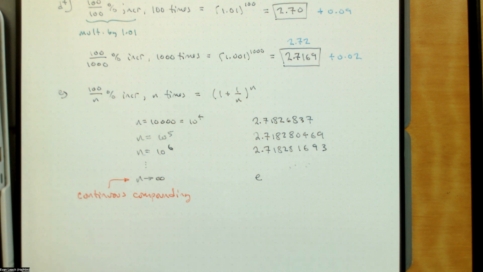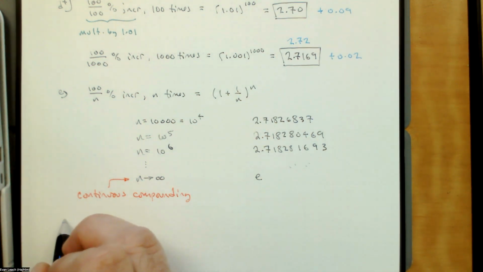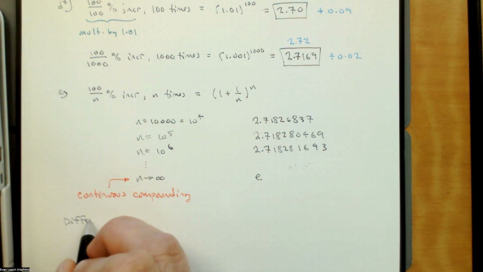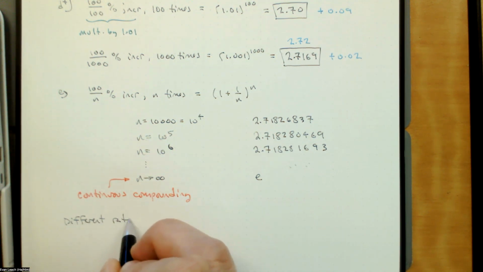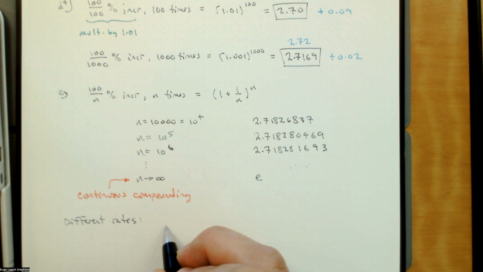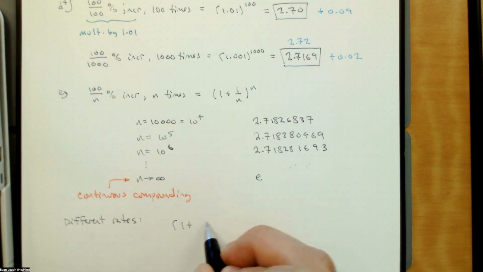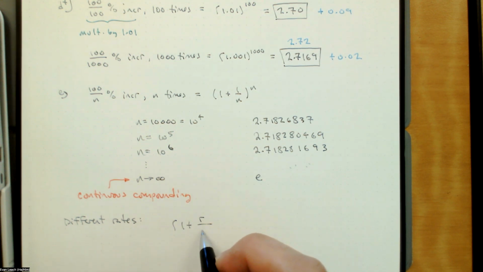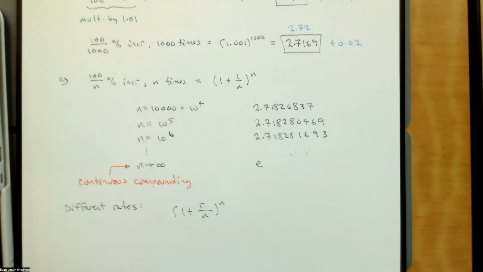Now, if we wanted a different rate to show up, our new rates just show up. That 1 was the percent that we had an increase. So we took 100 per number of times per year.